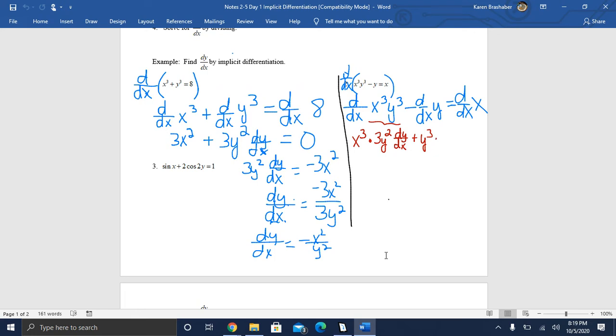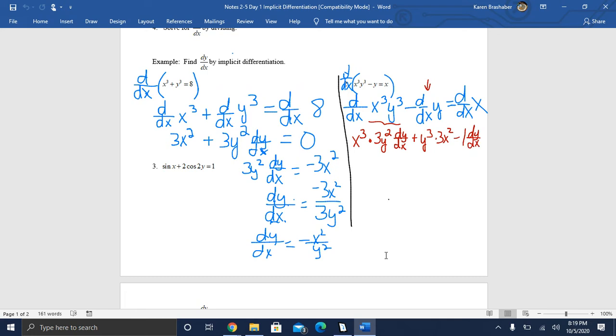So times the derivative of x to the third, which is 3x squared. And that's an x, so we don't have to have a dy dx. All right, then that takes care of that first part. Now we'll be doing this part next. So the derivative of y is a 1, but because it's a y, we'll have dy dx.